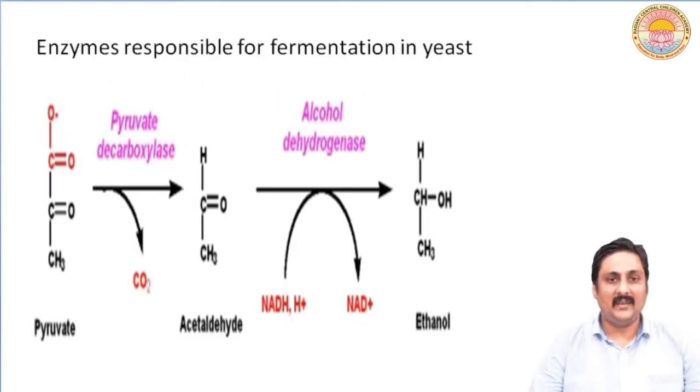Now as you can see, in the case of yeast, what happens? This pyruvate, you see, pyruvate is a 3-carbon compound. Under the influence of an enzyme called pyruvate carboxylase, where carbon dioxide is eliminated, it changes into acetaldehyde, which is a 2-carbon compound.